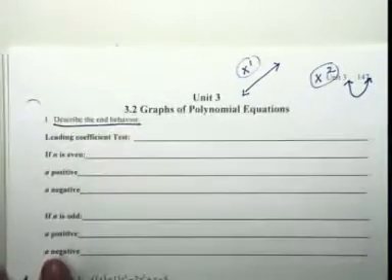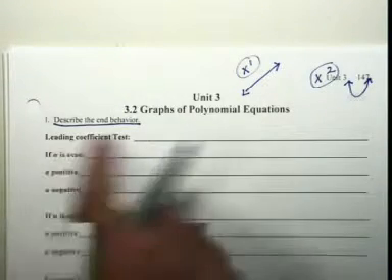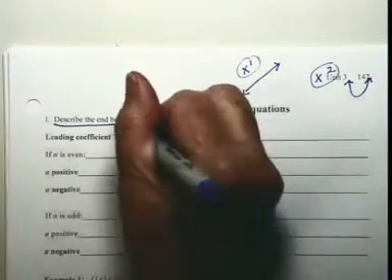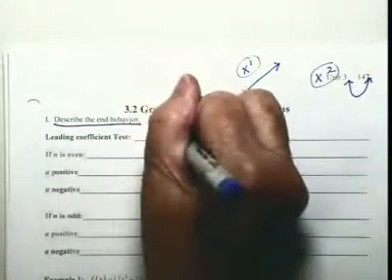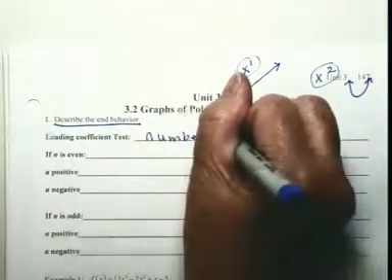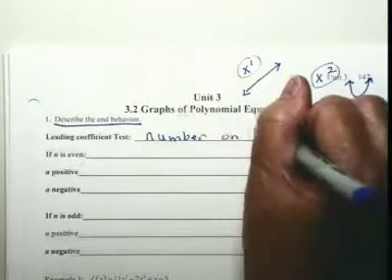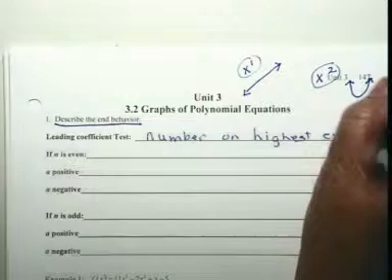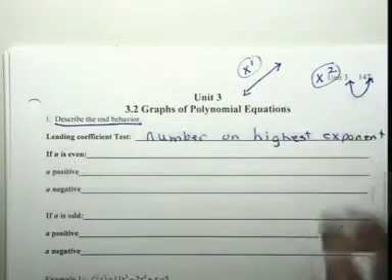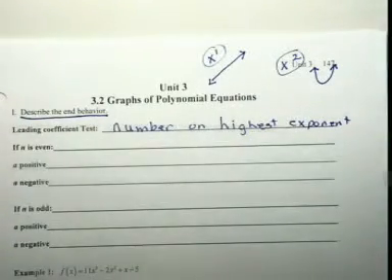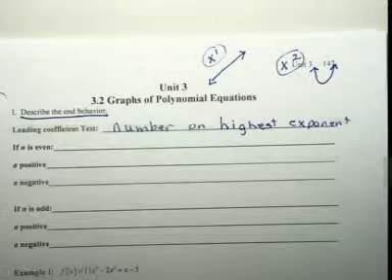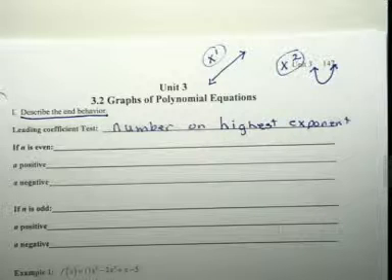The leading coefficient test is going to tell us about the end behavior. The leading coefficient is the number on the highest exponent. We're not only going to look at the number on the highest exponent, we're going to look at the exponent.